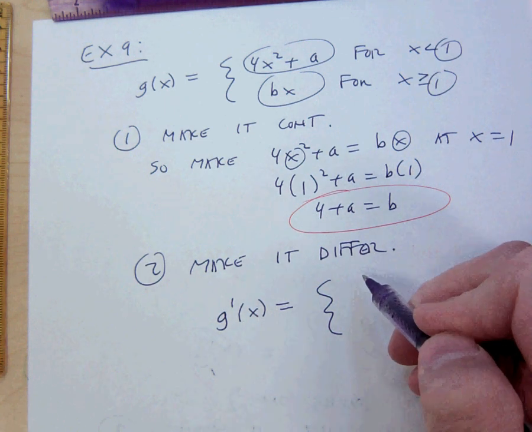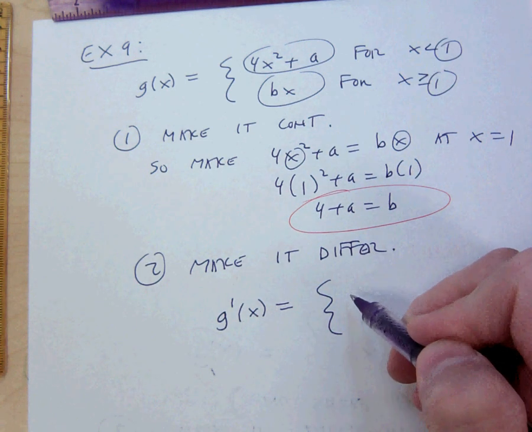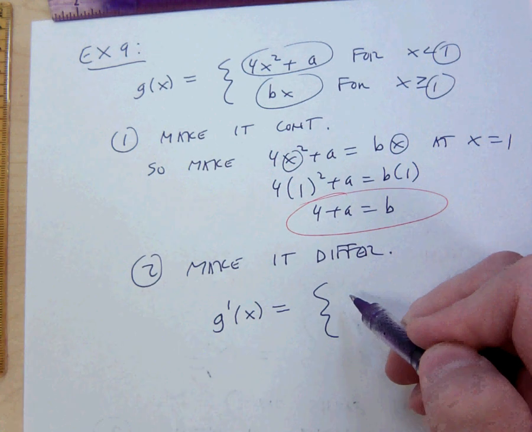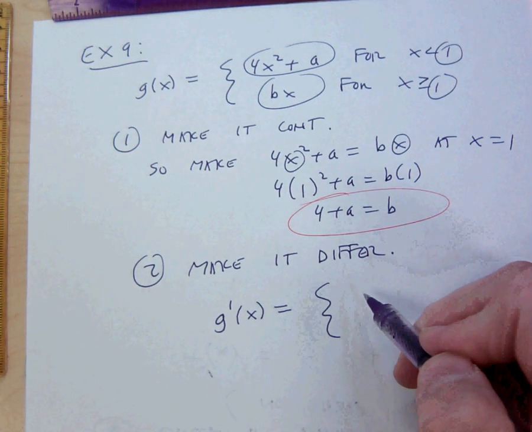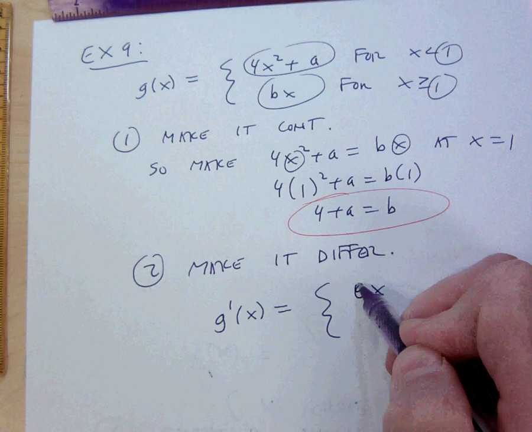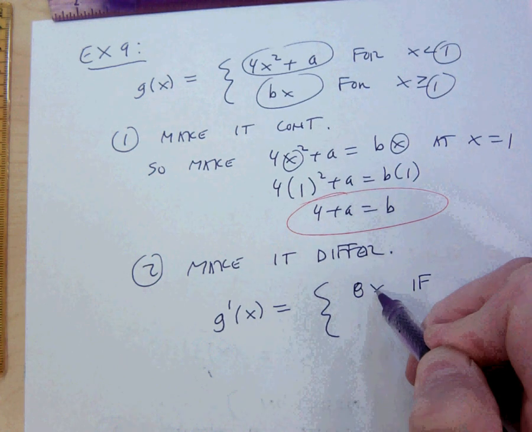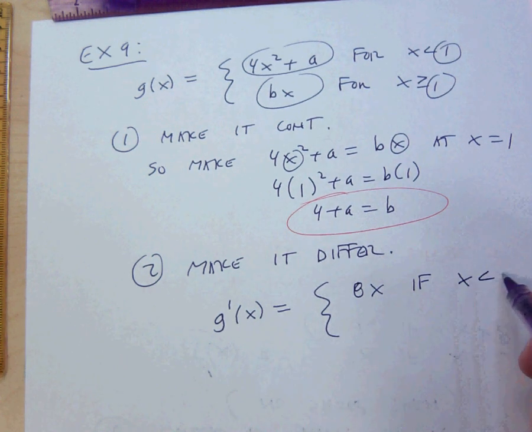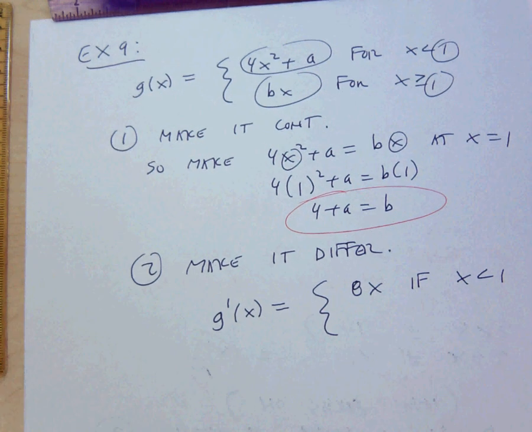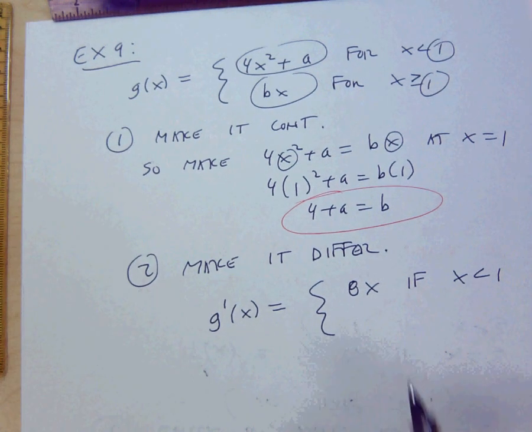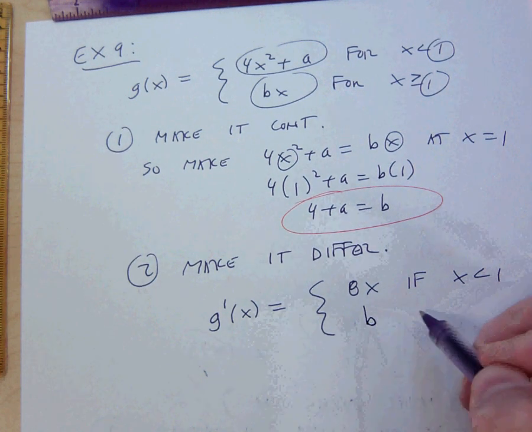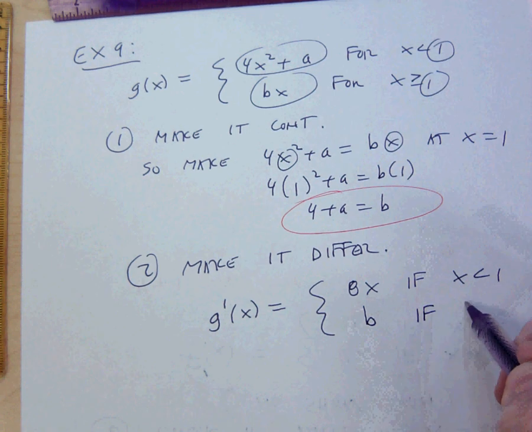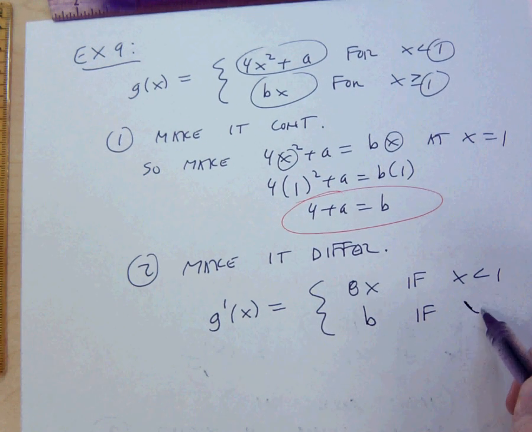A and b are numbers. So what's the derivative of 4x squared plus a if a is a number? It's 8x. So that's the derivative function if x is less than 1. What's the derivative of bx if b is a number or constant? b. And that's the derivative function if x is greater than 1. Right?